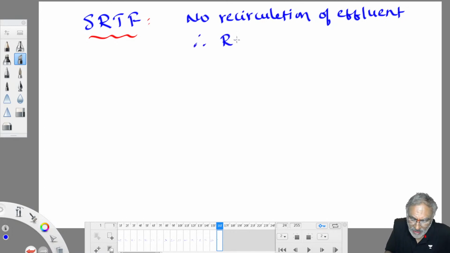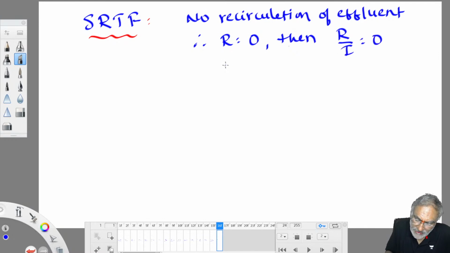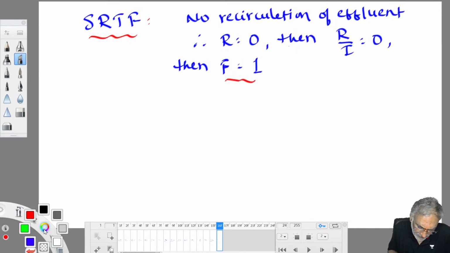Therefore, R is equal to 0, then R by I is equal to 0, then F is equal to 1. So for a standard rate trickling filter, F is equal to 1. You have to remember that, very popular in competitive exams.